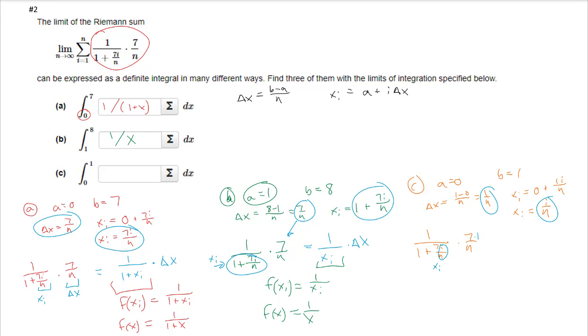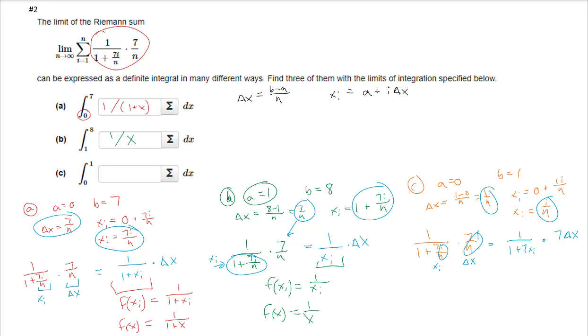So that's my x sub i, and I have my 1 over n right there. That's my delta x. So I can substitute those in. This is 1 over 1 plus 7x sub i, right? Because I have a 7 multiplied by that whole thing, times on the outside I have a 7 delta x, because I didn't use that 7 up when I was doing my substitution.